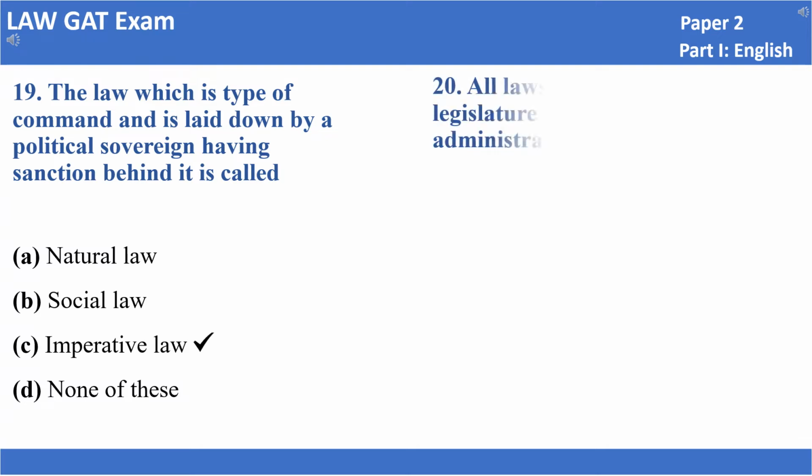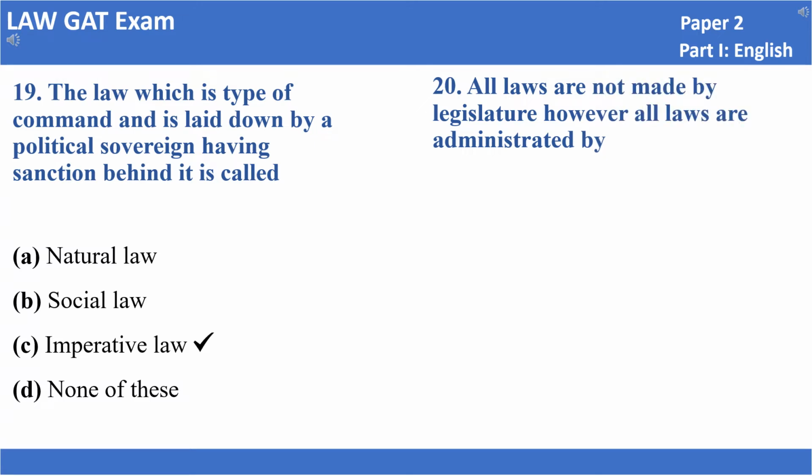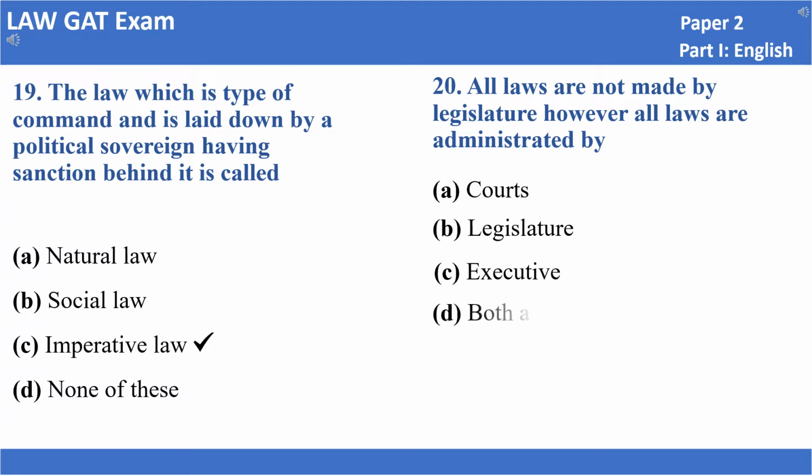All laws are not made by the legislators. However, all laws are administered by option A, courts, option B, legislators, option C, executive, option D, both A and B. The correct answer is option A, courts.